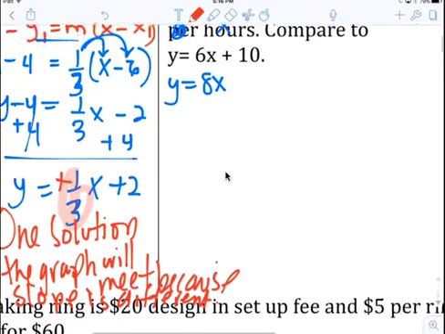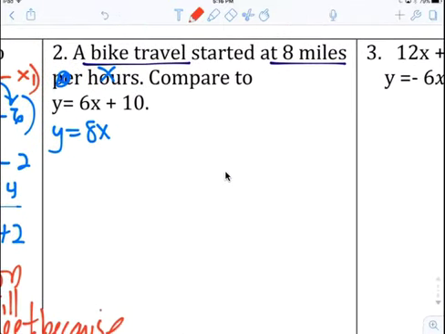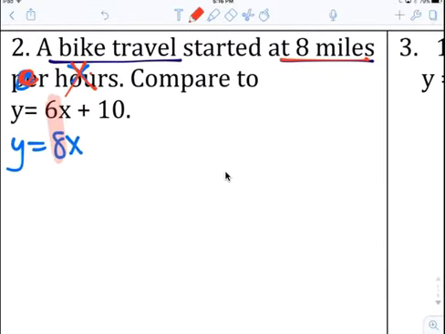Okay? And here we did travel 8 miles per hour times x. It's nothing else. You compare that. These two bikers will meet because this one is going faster than that one.